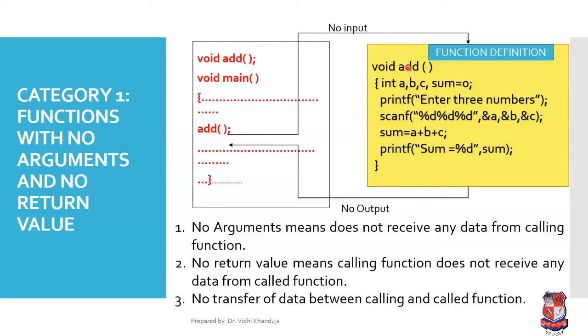Right? So this is the function declaration I have written here in the yellow box. Add function. We have already seen this example, right, in my first lecture on functions. Clear? So I have taken the same example. This add function is going to add 3 numbers and it will display the result.